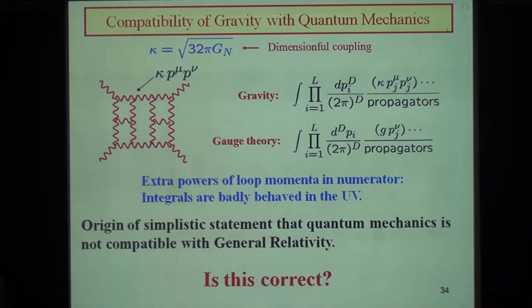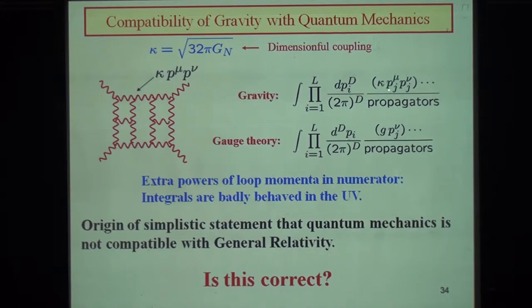Well, it comes from a very simple place. Just some simple power counting. So Newton's constant, G Newton, is dimensionful, and kappa is the expansion parameter. Because Newton's constant is dimensionful, and you compare it to gauge theory, which has a dimensionless coupling constant, it's just simple dimensional analysis that you have to have some momenta to make up for the dimensions of that.